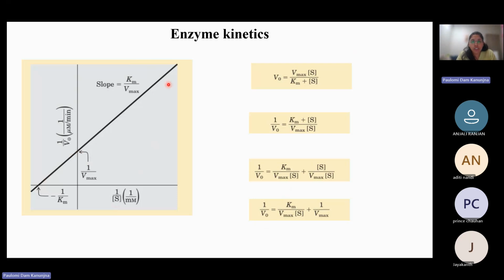Once again, the slope is 0.5 and the area is 0.125, and you're supposed to solve for Km and Vmax. If you solve for one, you will get the other from the same equation. Try to solve for Km, and you should land up with Vmax, or solve for Vmax and you will end up with Km. If you are stuck anywhere, please let me know. I will definitely help you out.